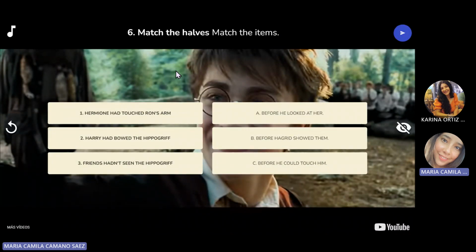Okay, let's match this sentence. Hermione had touched Ron's arm. What do you think? Friends hadn't seen the hippogriff, or Harry had bowed the hippogriff. And the dear friends hadn't seen the hippogriff before Hagrid showed them.